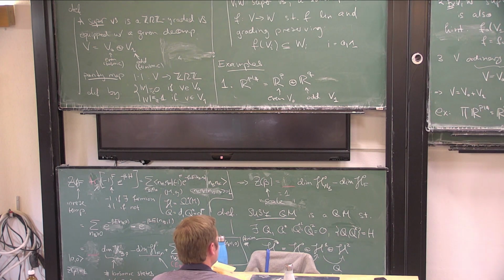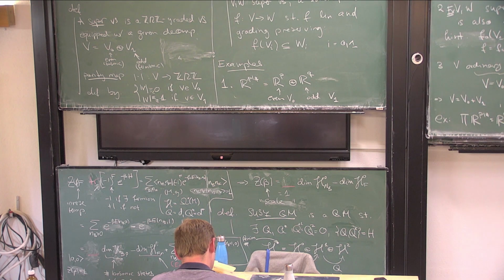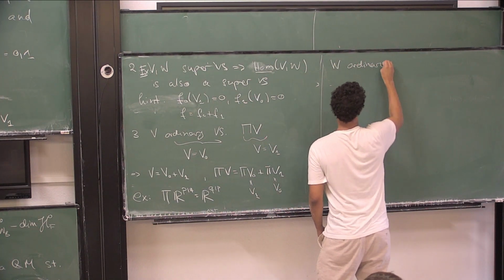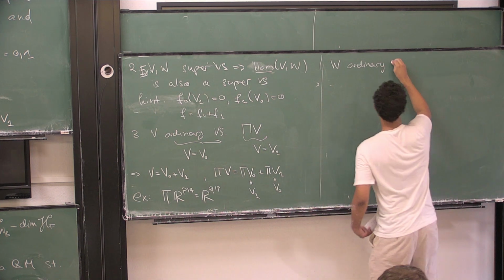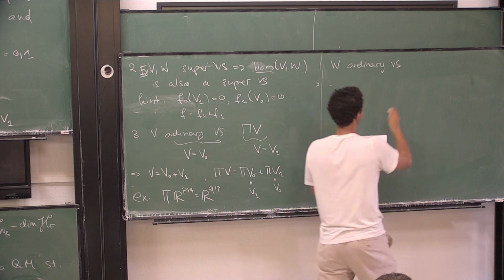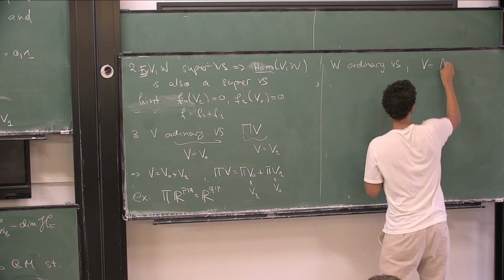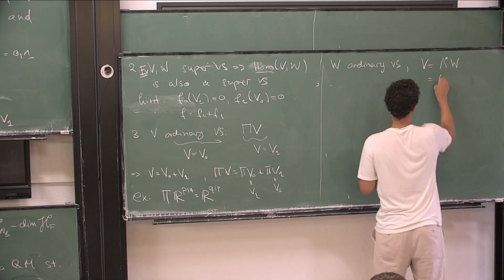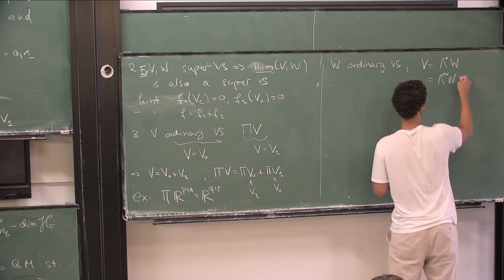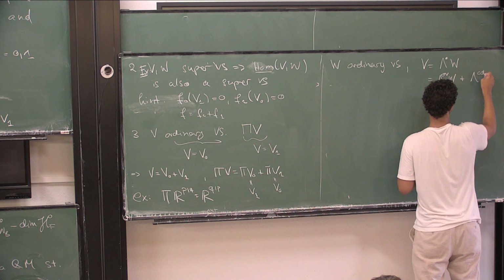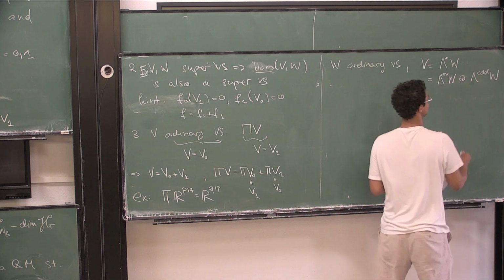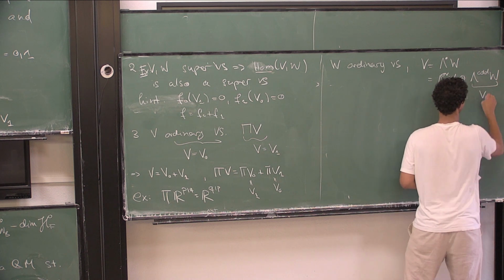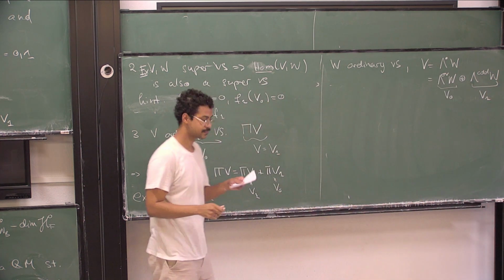Okay. Good. Another important one is if W is an ordinary vector space, like I used to say ordinary, to distinguish them from supervector spaces, then you can consider V, the exterior algebra of the vector space, right? So this decomposes into even and odd, so this gives you your V0 and this gives you your V1, your odd guys.